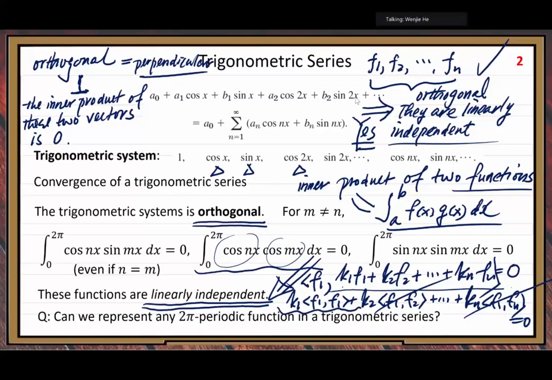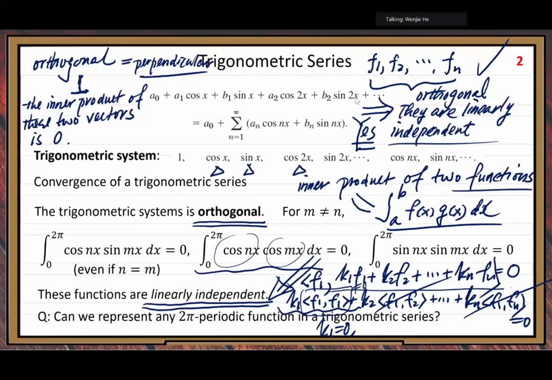This is non-zero: the inner product between the same function is non-zero. k1 times a non-zero number equals 0, so that means k1 must be 0, right? So k1 must be 0.